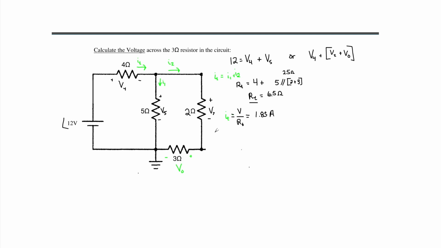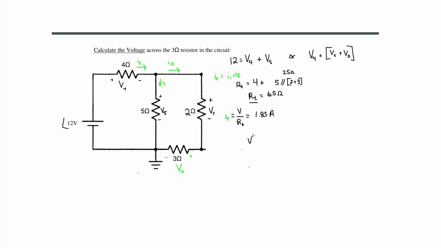Now we can also identify that both branches have equivalent resistances, therefore concluding that our I1 and I2 are equivalent as well. So let's go ahead and solve for our voltage drop across the 4 ohm resistor.